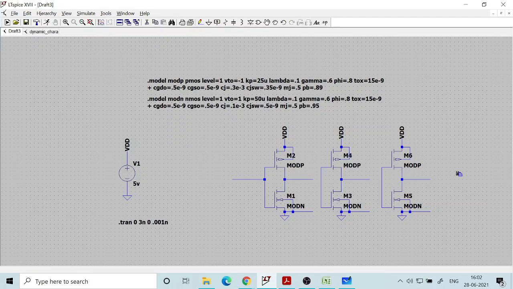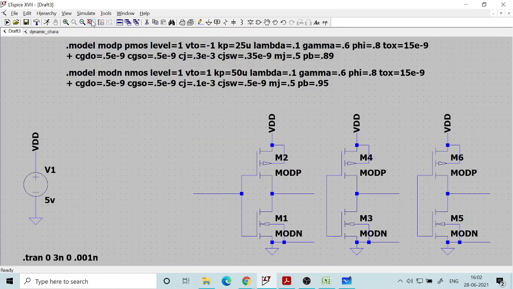Alright, so 3. Let me magnify this so that you can see properly. I made two more copies of the inverter. Let me remove this, I don't need this.